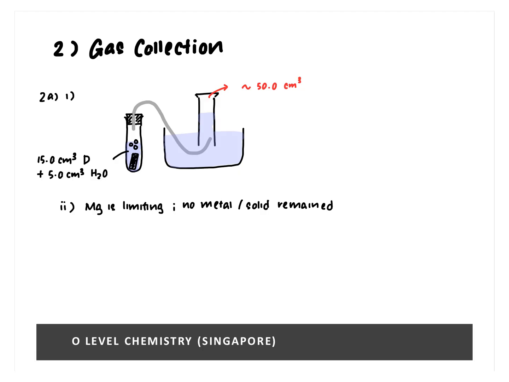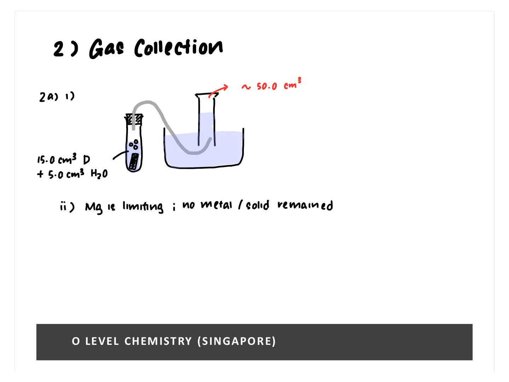Again, we would expect different students to get slightly varying volumes, because despite the magnesium strips being cut to roughly the same length, there is bound to be some variation in the actual mass of the magnesium individual students used.